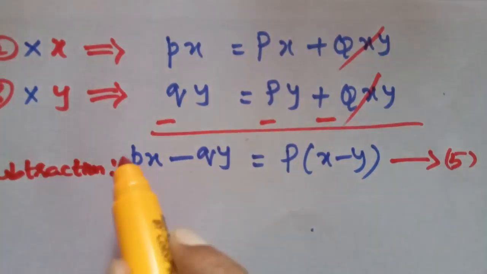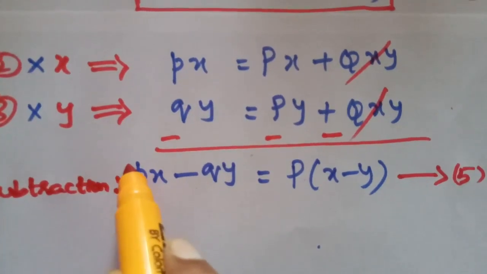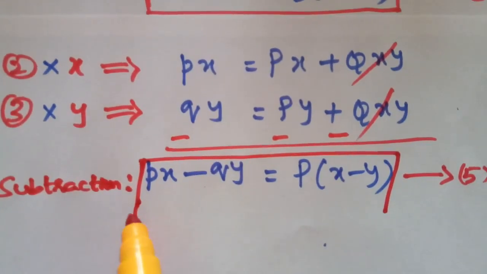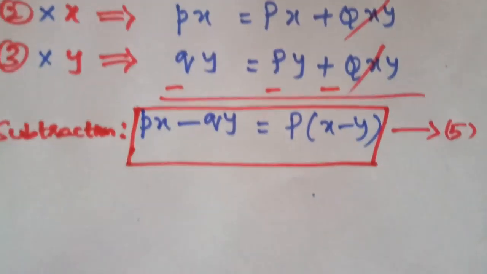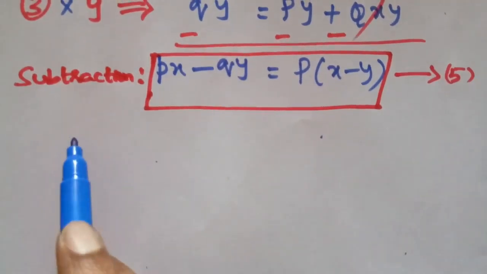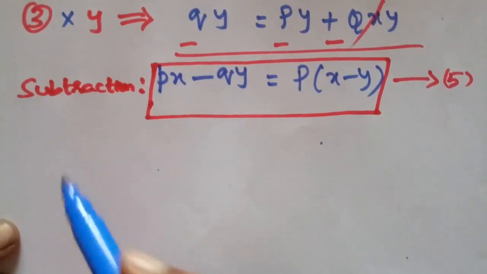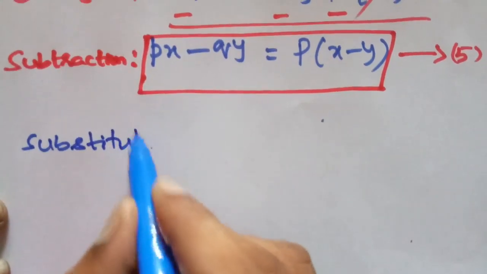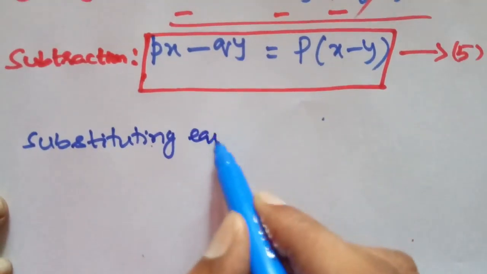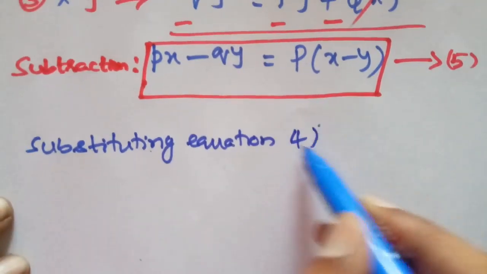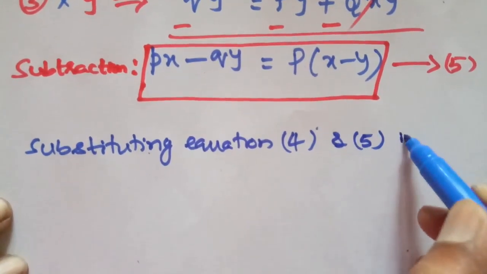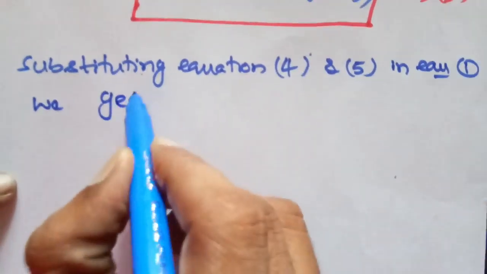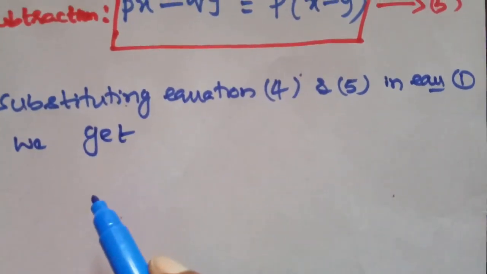Subtraction gives this is equal to equation number 5. Now substituting equation 4 and equation 5 in equation 1, that is given equation, we get, what is the given equation?